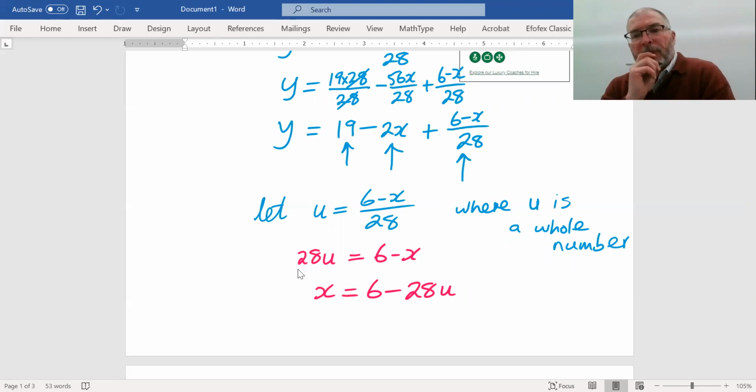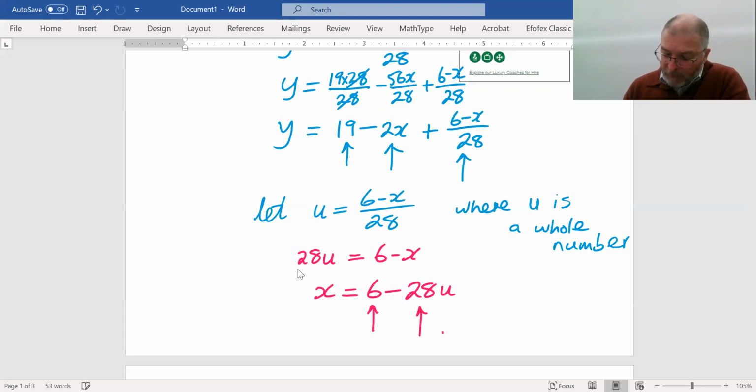Well, that's happy days because u is a whole number if this is all going to work. And x appears to be made up of a whole number and another whole number times by a whole number. And we know, even though there's a subtraction there, that when we perform that sort of operation, we get a whole number. That means this is all going to work out, right?